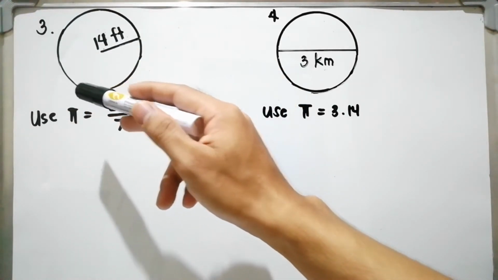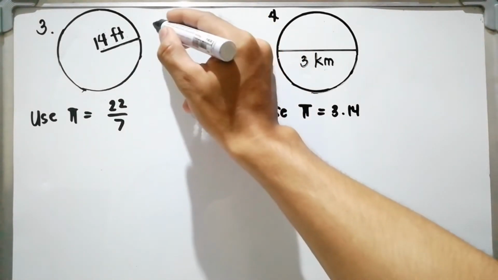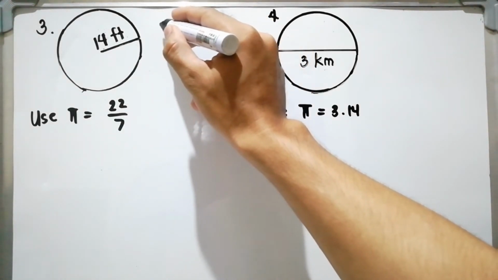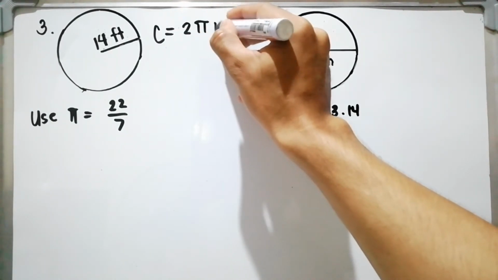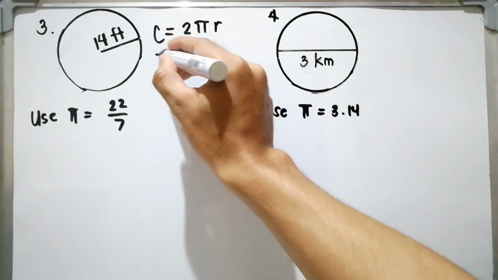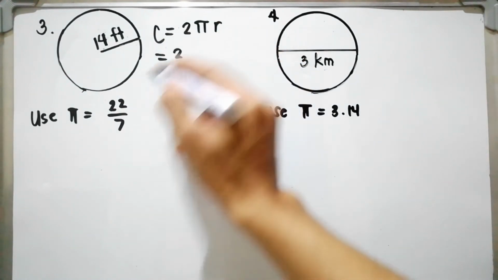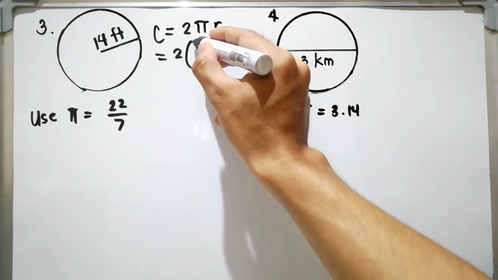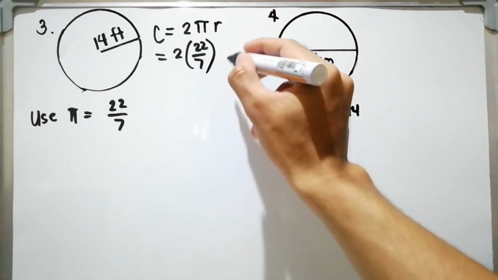That is the circumference. Since the given is the radius, the formula for circumference is C equals 2 pi r. That is equivalent to 2 times pi, which is 22 over 7, times r, which is 14 feet.